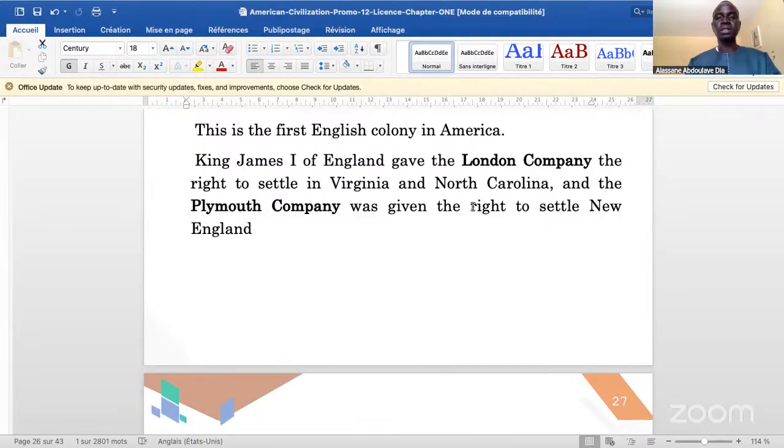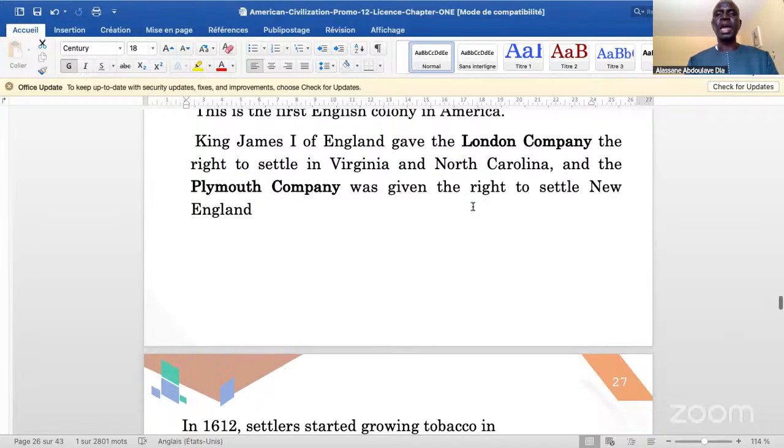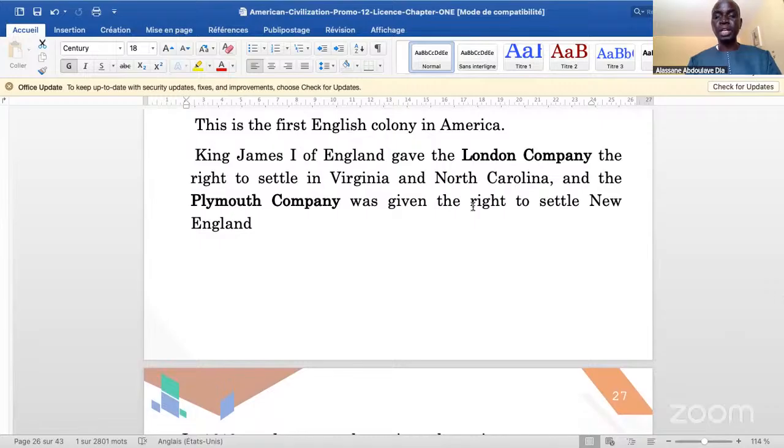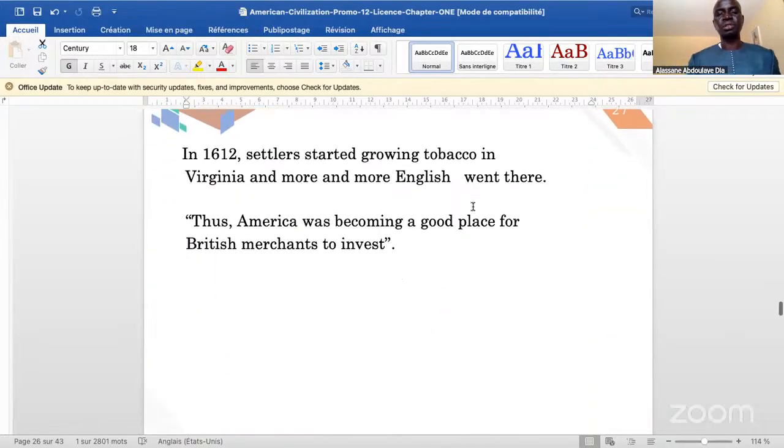I repeat, class, that English government and the private companies. What are these private companies? Tell me. London Company and the Plymouth Company. That's why there would be a kind of administrative colonies and there would be kind of private colonies, colonies established by private companies. So what is the result, class? In 1612, settlers started growing tobacco in Virginia, and more English went there.